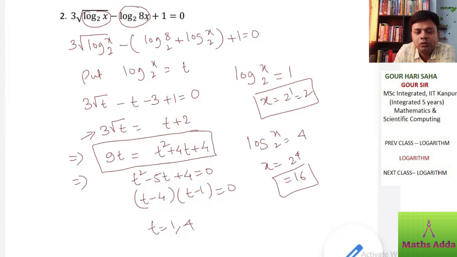Put here 2, yes it is defined. Log x is equal to 2, if I put here, this is 1, 3, and then 2, 16, yes. So both the values are satisfying it, so both of them are answers. Clear? Good. Moving to the next one.